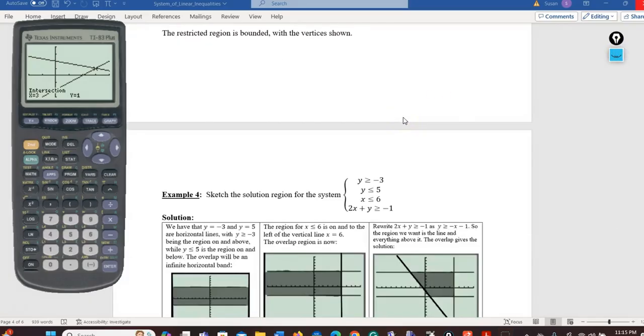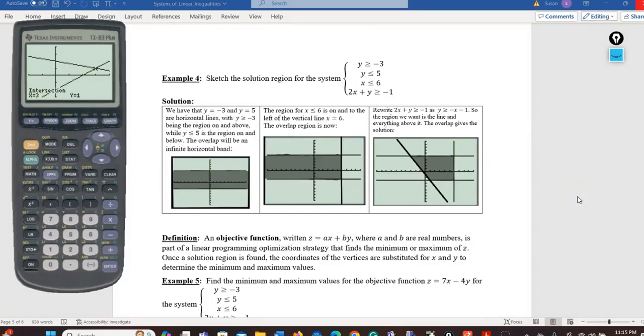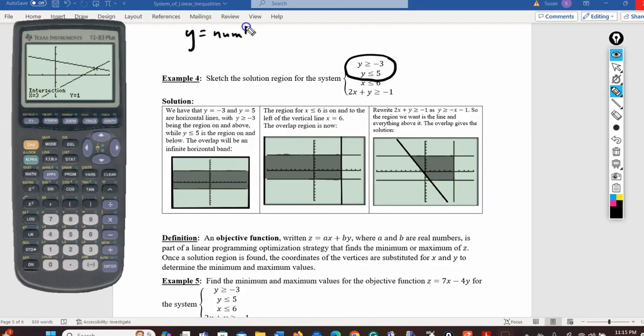Okay, but we do another one. Okay, let's sketch this region. Some of these you can do straight away. First of all, if it's y equals a number, that's a horizontal line. And we can actually do these in the same graph.